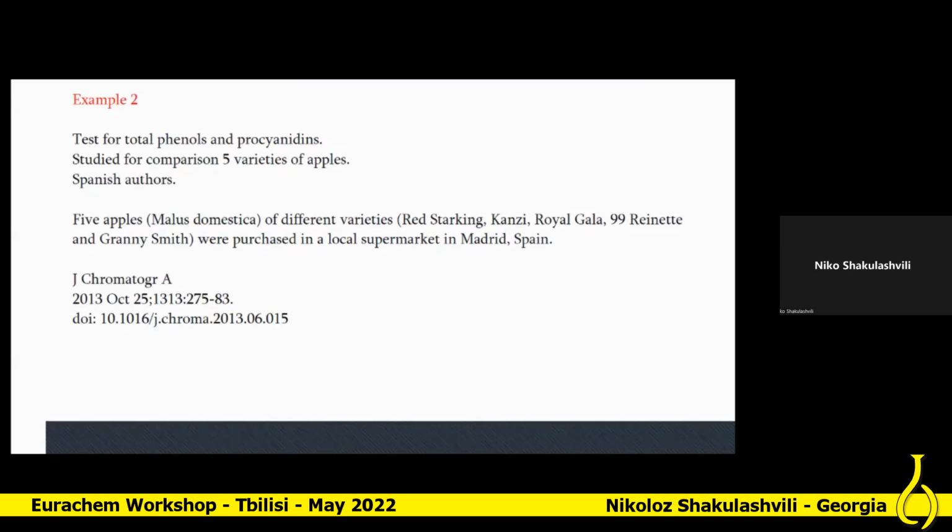This is actually very important information, and definitely based on it, we cannot say that this is a representative sample. This article is published in the journal Chromatography, and you can find more information in this journal.